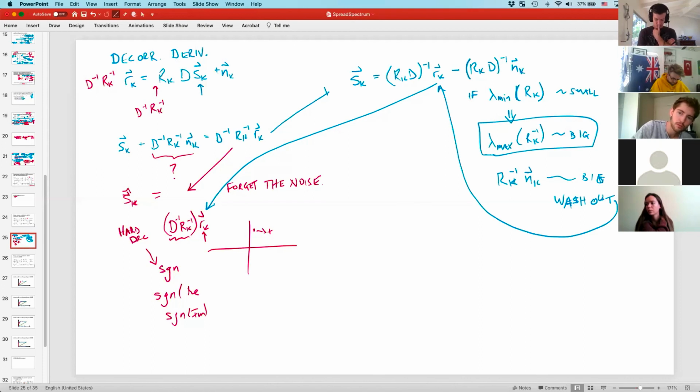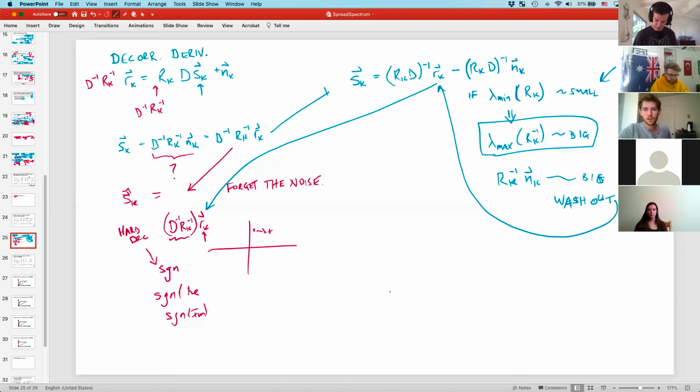So the decorrelator technique would work if we were guaranteed none of our covariance matrix eigenvalues were small. And this is going to be true if the autocorrelation of everyone's chipping sequence is very impulse-like.